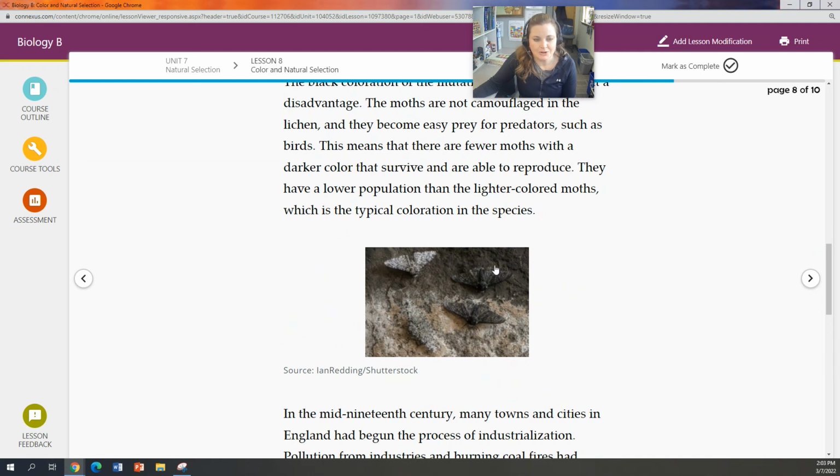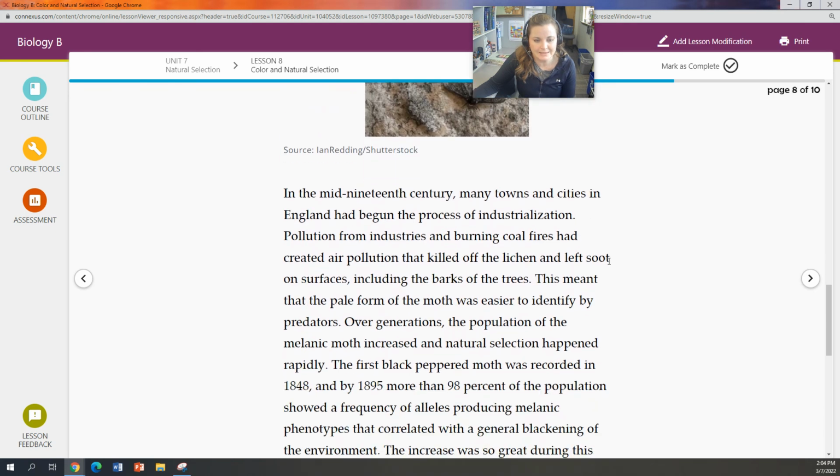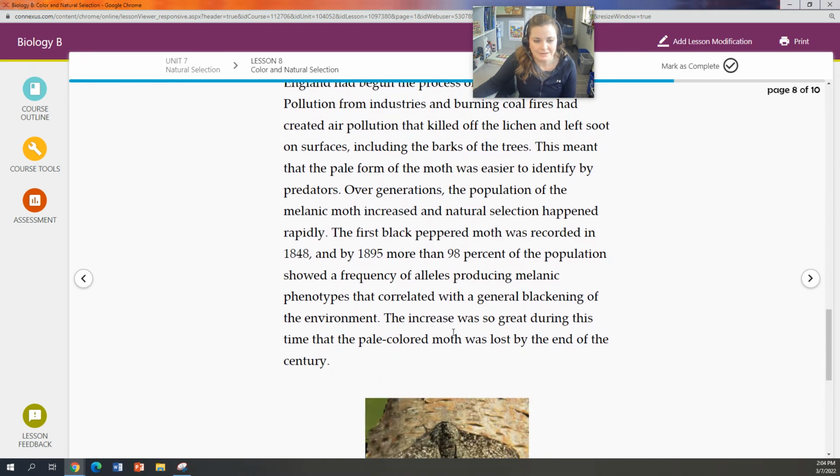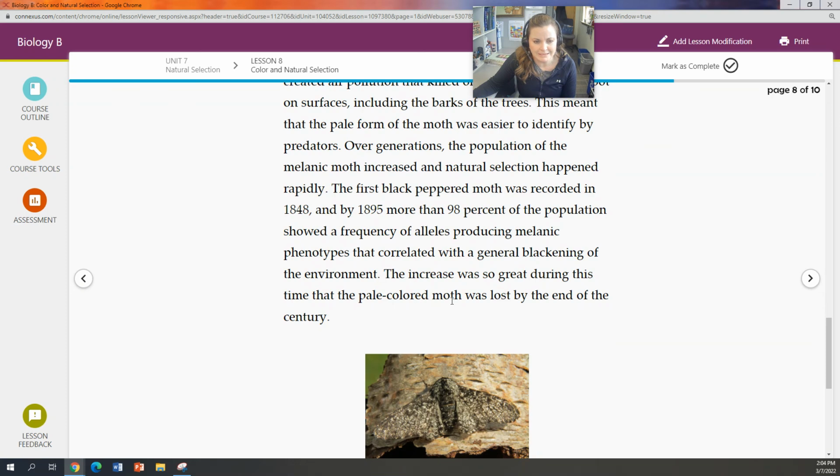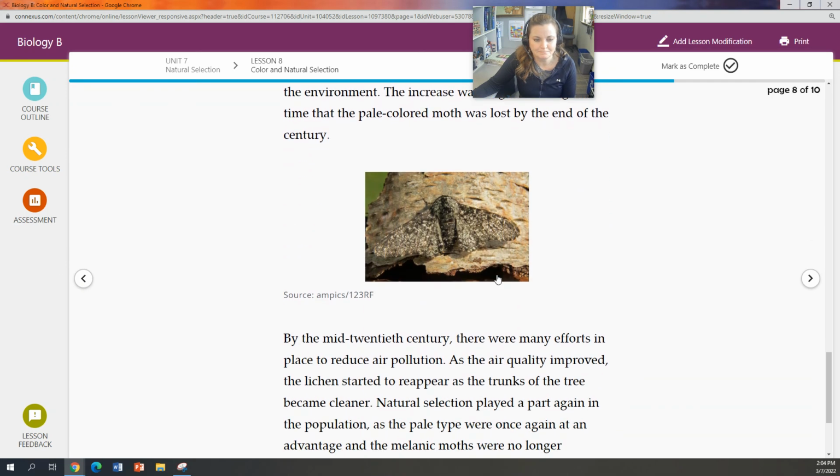The trees were darker, so the light-colored moths stood out like a sore thumb, and the dark-colored moths were more camouflaged. During this time frame, we saw an increase in the number of dark-colored moths and a decrease in the number of light-colored moths. It says that the light-colored moths almost completely disappeared by the end of the 1800s.